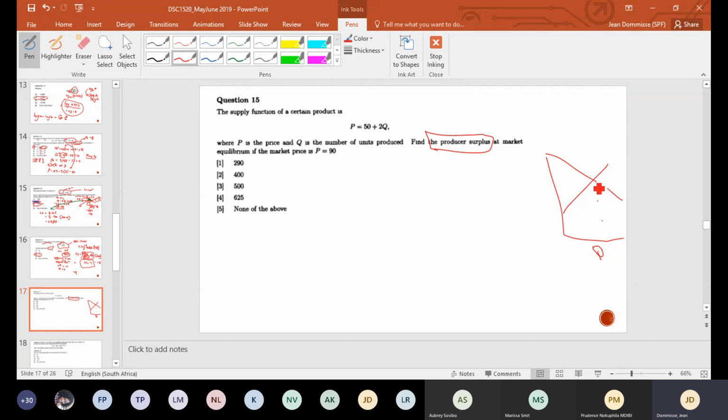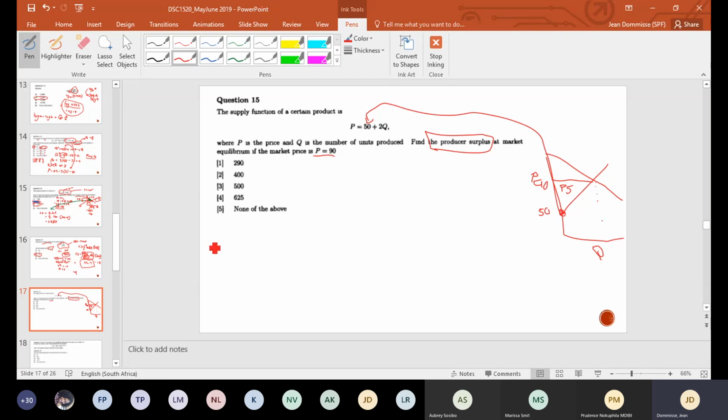I need to get the P that's in line with that, because we need to get producer surplus. It will be this area. So I need to get that point, but that point is the Y cutoff. So let's quickly look at what we are dealing with, and let's populate what I know I have.